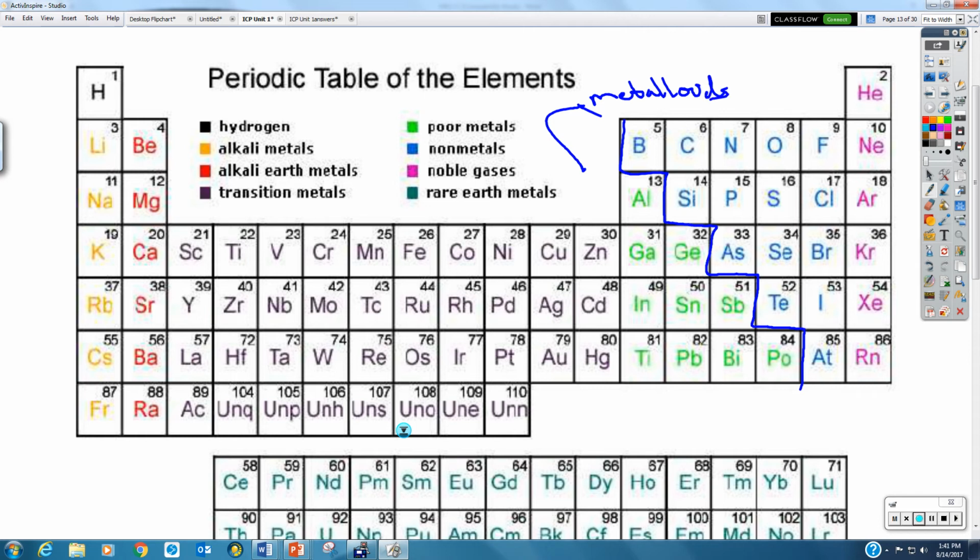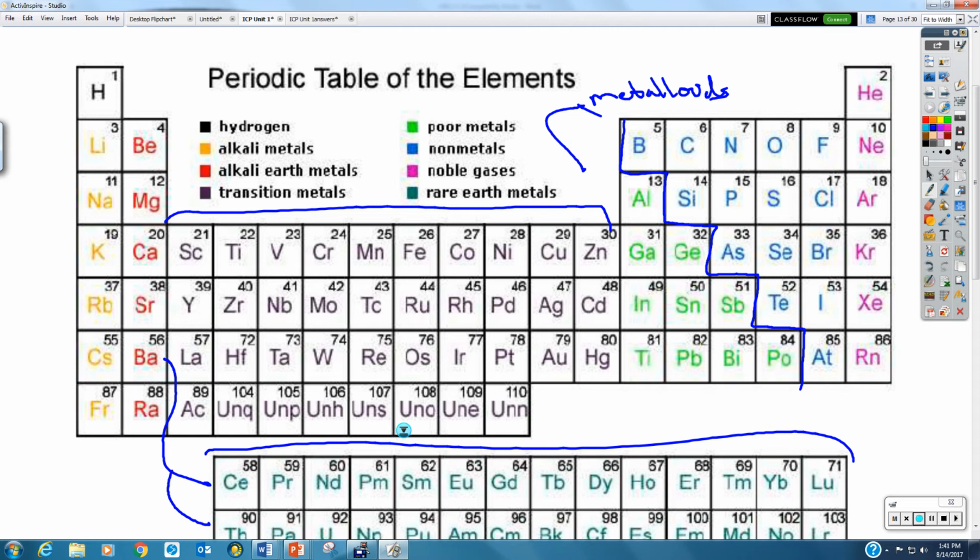All right. What about this column right here? Alkali. This column, alkaline. These are transition. These are inner transition. And they kind of fit right there. Or actually, sorry, I drew my lines in the wrong place. They should go there.